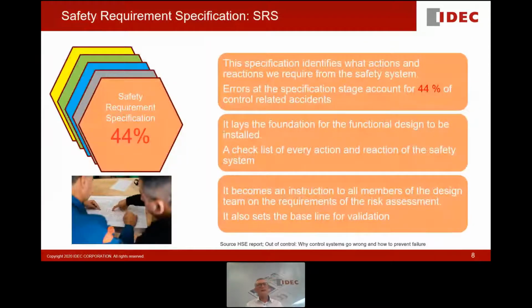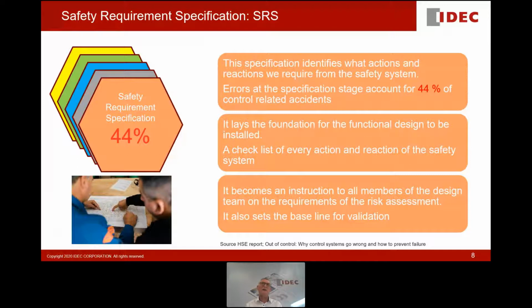And once you've got that list of things that you need to attend to, you need to create a specification. A safety requirement specification defines the actions and the reactions of what we require from the safety system. But what could a safety system be? Well, clearly we want to separate the person from the hazard.